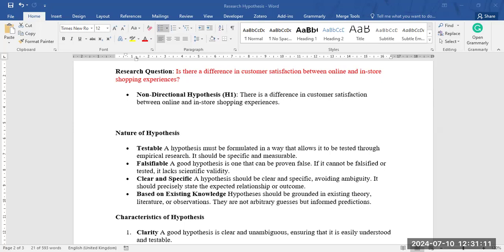Let's see an example. A retailer wants to see if offering free shipping on orders over $50 will increase the average order value.